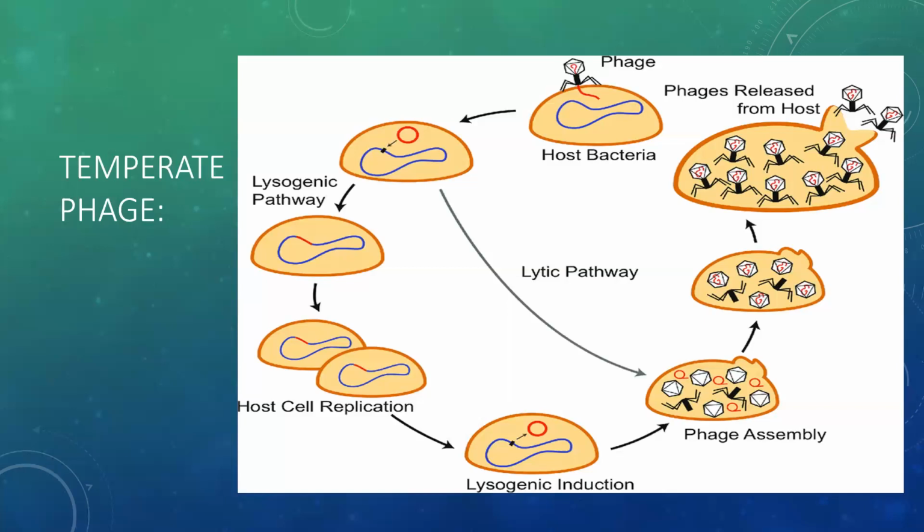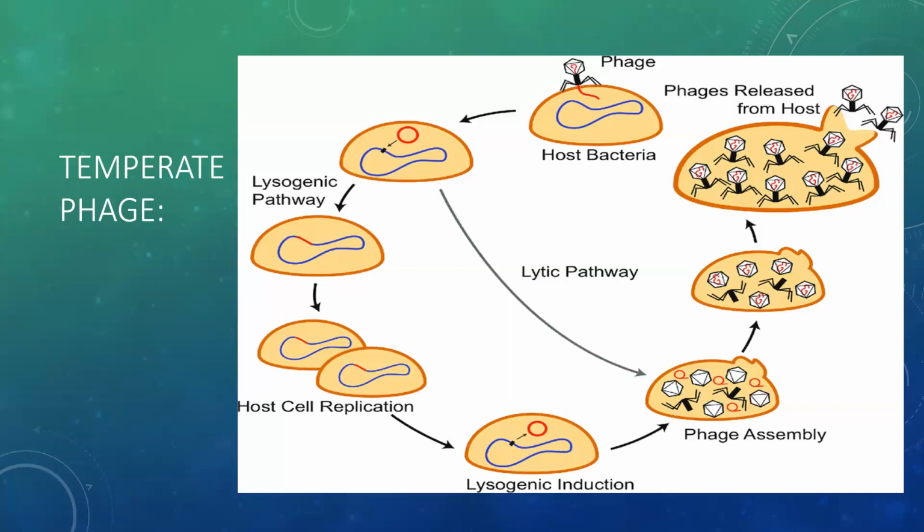That is called lysogeny. The cells containing the prophage are said to be lysogenic.